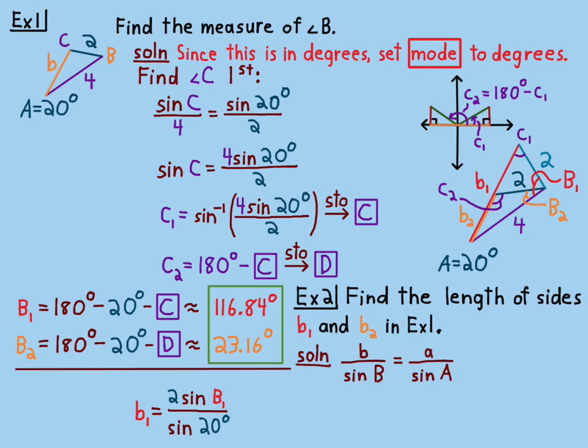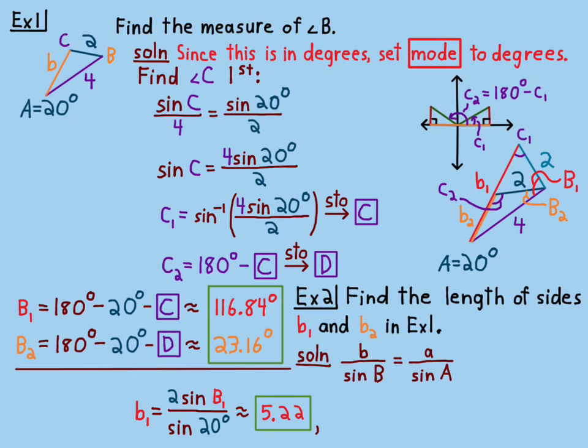So b1 is 2 times sine B1 over sine 20. And so I just put that in the equation, put this here, in here, put it in the calculator, and calculate it.